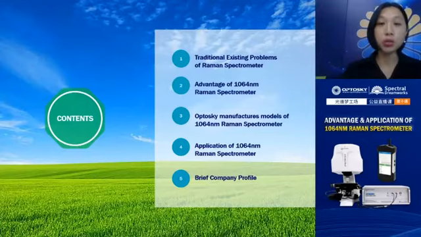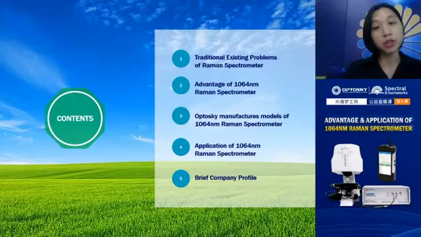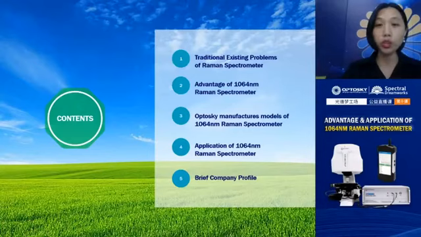In Part 3, we will focus on Optosky's manufacturing, totally 7 models of the 1064 nanometer Raman spectrometers. In Part 4, we will focus on the applications of the 1064 nanometer Raman spectrometers. And finally, we will make a brief introduction of Optosky to you also.